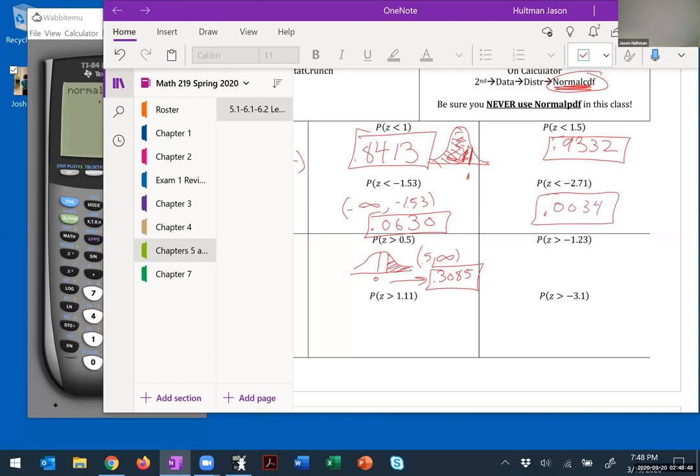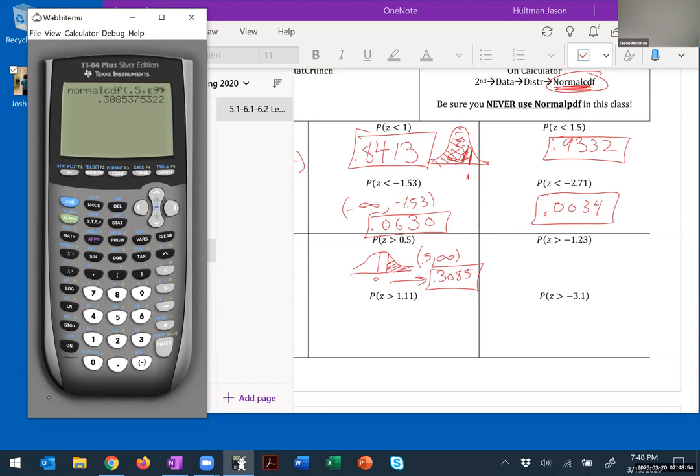What about Z is greater than 1.11? It's the same thing that we did before: second vars, normal CDF. Z is greater than 1.11, so it's 1.11 to positive infinity.